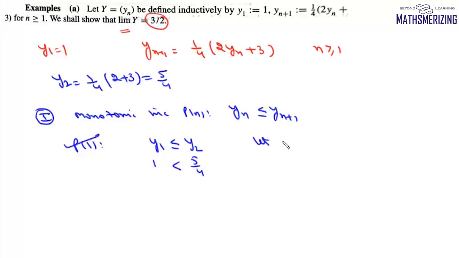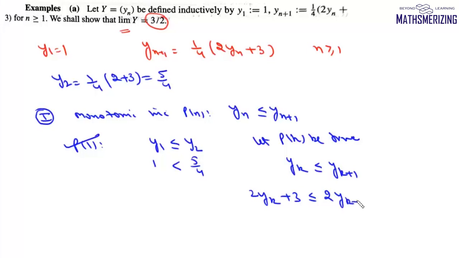Now we let pk be true. So if pk is true, then we can write yk is less than or equal to yk plus 1. Now we multiply it with 2 and then add 3, we can write 2yk plus 3 will be less than or equal to 2yk plus 1 plus 3, and we'll divide everything with 4.